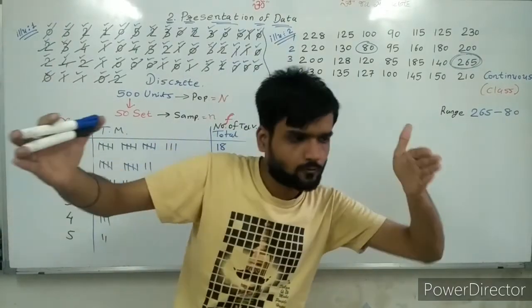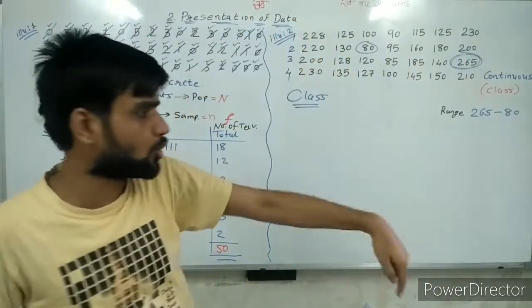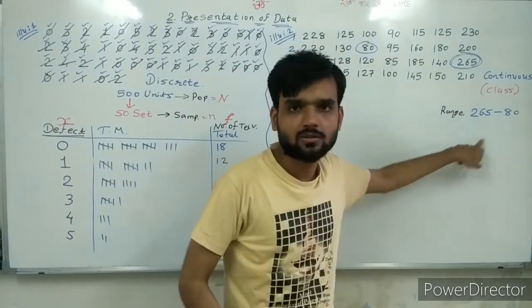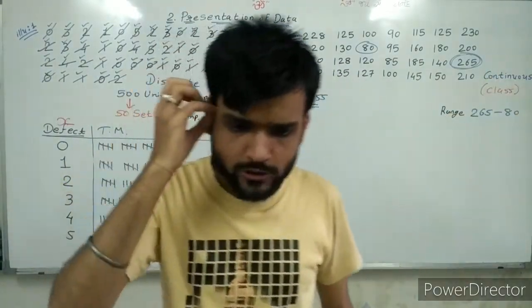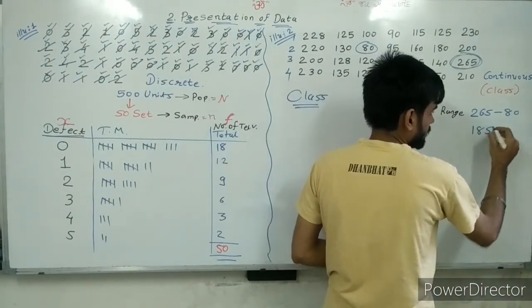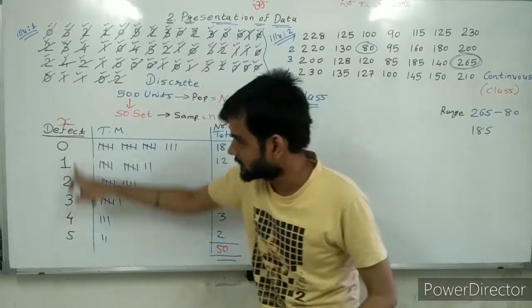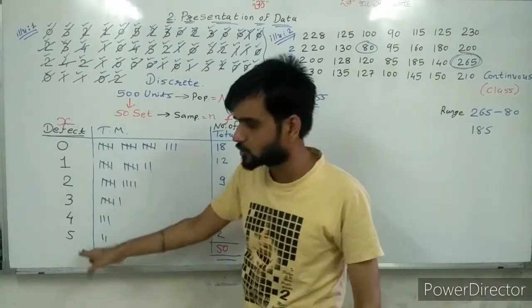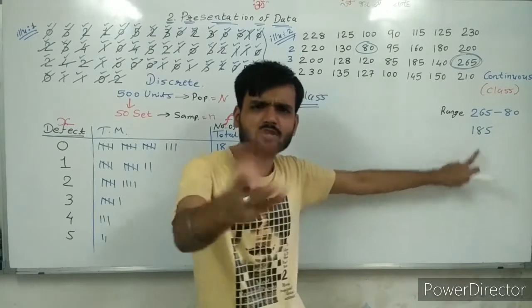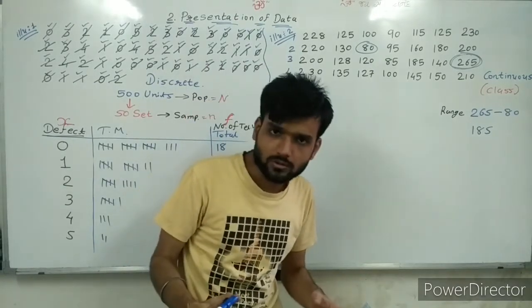Which is the minimum? Which is the maximum? So where to where we need to go? That is higher and lower. So 265 minus 80, 185. So I cannot write 185 values. Here 5 values we need to write, here 185 values we need to write. So that cannot be possible.